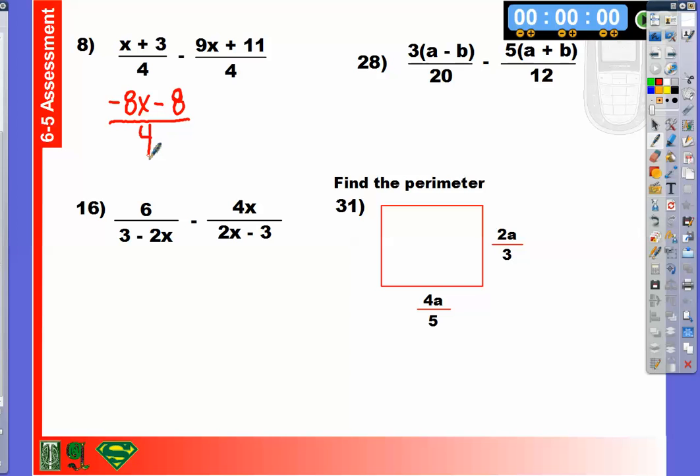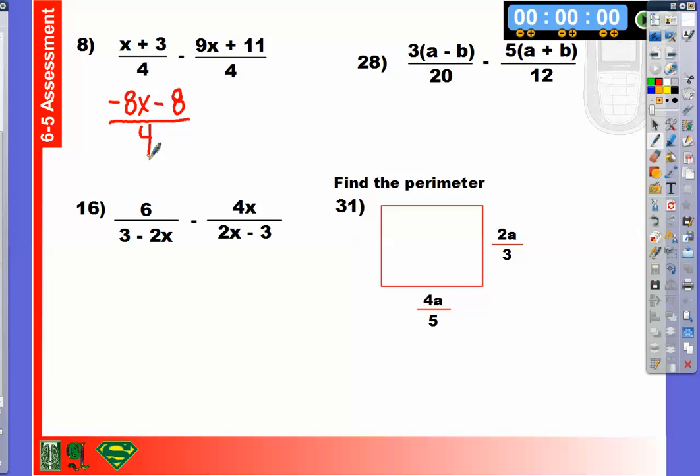Now this is sort of an interesting point. I have negative 8x over, or minus 8 over 4. Can be reduced. Is there something I can factor out of negative 8x and negative 8?